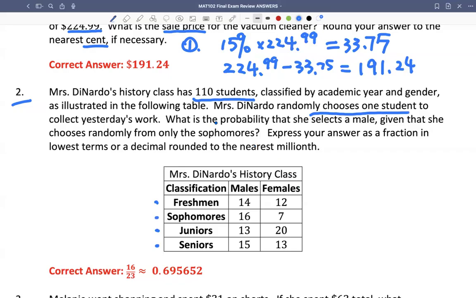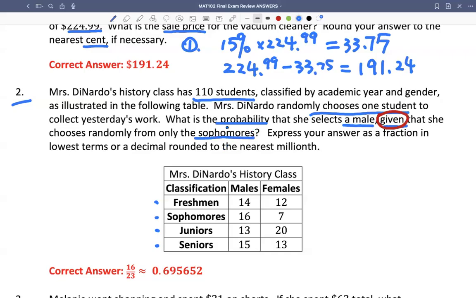What is the probability that a male is selected, given, as a keyword, that she chose randomly from only the sophomores?